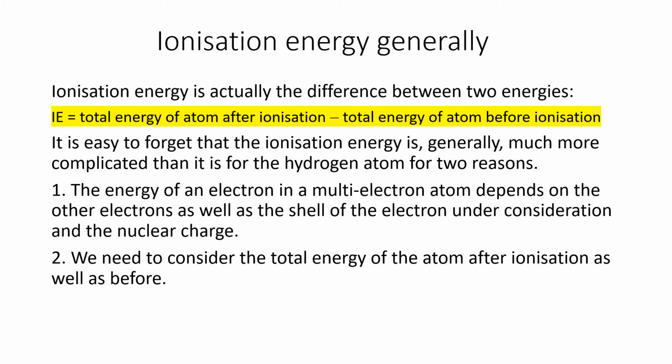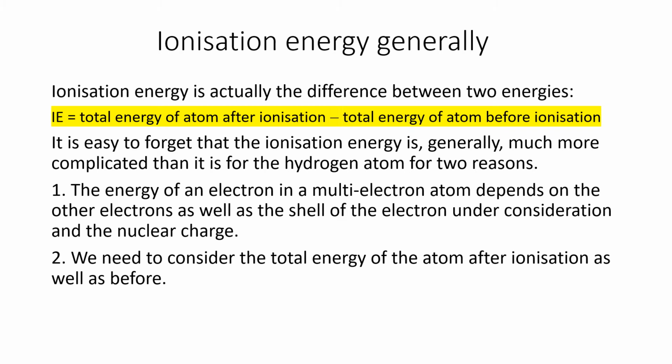But actually when you've got a multi-electron atom, the ionisation process is quite a bit more subtle when it comes to this kind of calculation. Because what you really need to do, and this is the point I'm emphasising in the highlighted part on this slide, is look at the total electronic energy of the atom to begin with, the total electronic energy of the atom after the ionisation has happened, and then look at the difference between these two totals, and that is the ionisation energy.